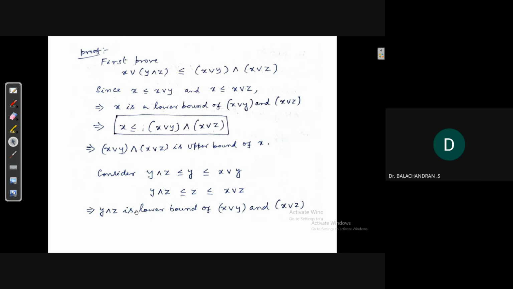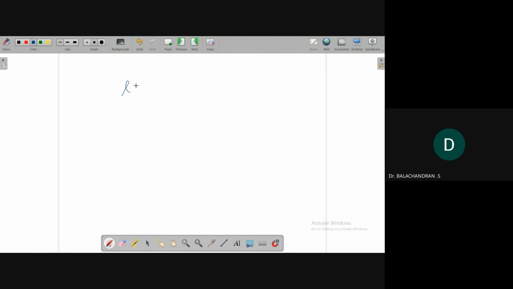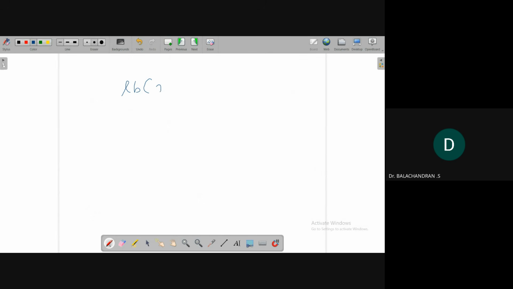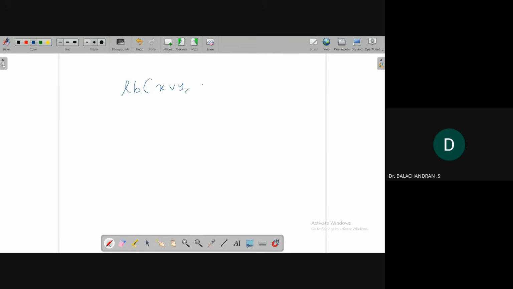So now we are dealing with a lower bound: a lower bound of x ∨ y, x ∨ z is less than or equal to the GLB of the same pair, (x ∨ y) ∧ (x ∨ z).